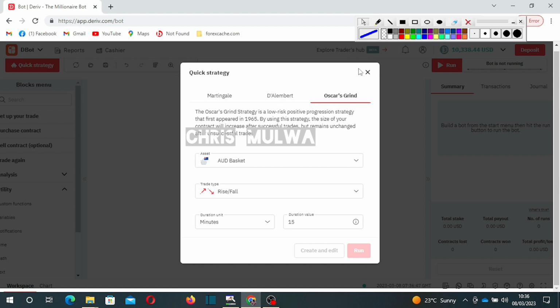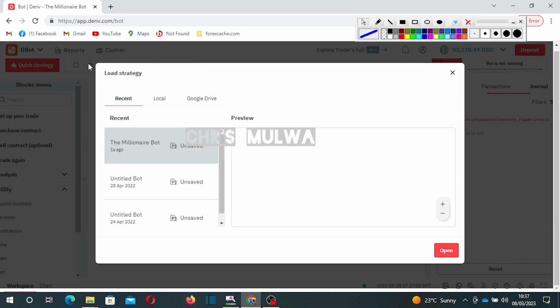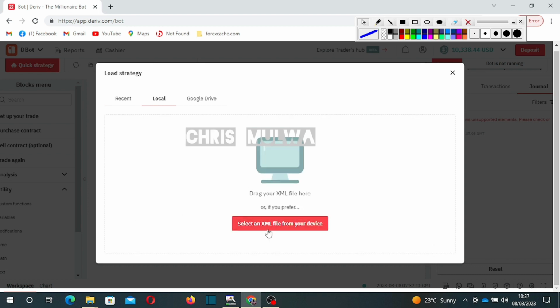Okay, so let me cancel this. Do we have any block? So before we import the bot, ensure that we do not have a block here. So our Deriv is very clean. To import, you go there to import. I want to import this. I have the saved one, and what I want to import is from the local drive of my computer.